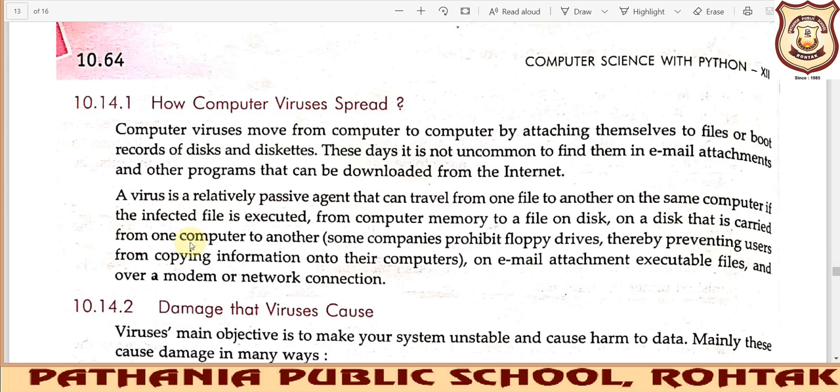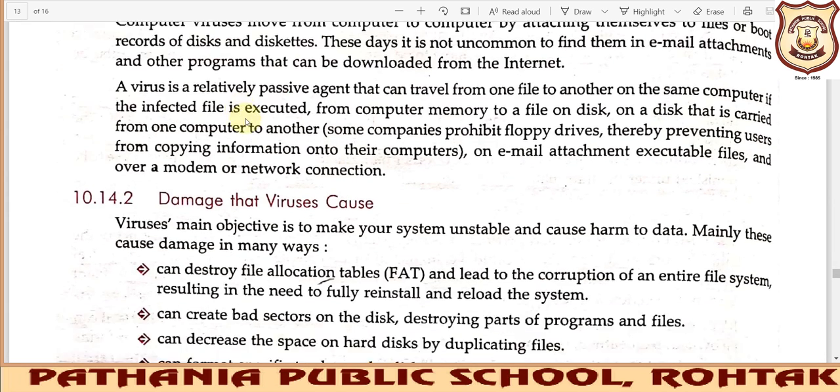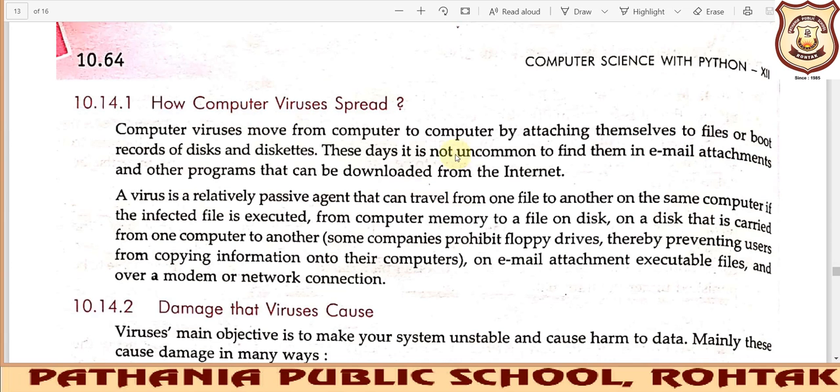Basically they are started through an external action. As I told you, they can attach themselves to the files or to the boot record areas. When these boot record areas or files get executed, they replicate themselves. In this way the virus spreads.